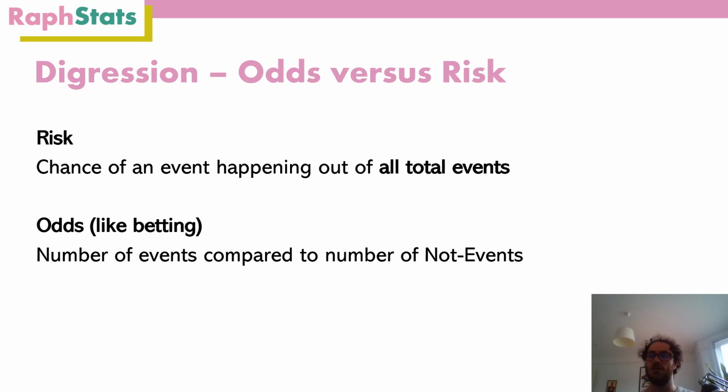So instead of being 5 days out of 100 total days, it's 5 days that it does rain compared to 100 days it doesn't rain. So if you translated that back into a risk, it would be 5 out of 105.